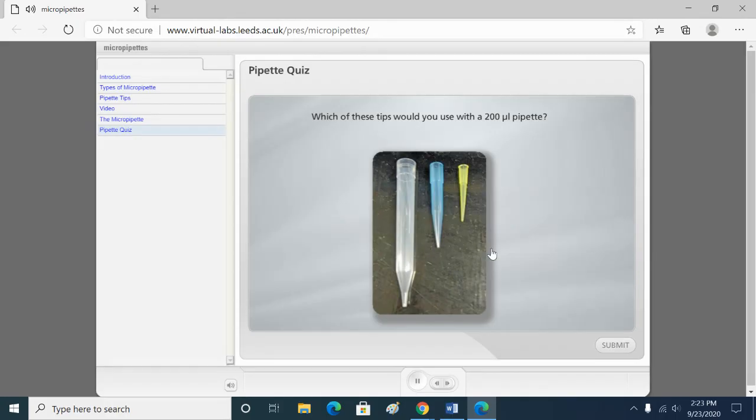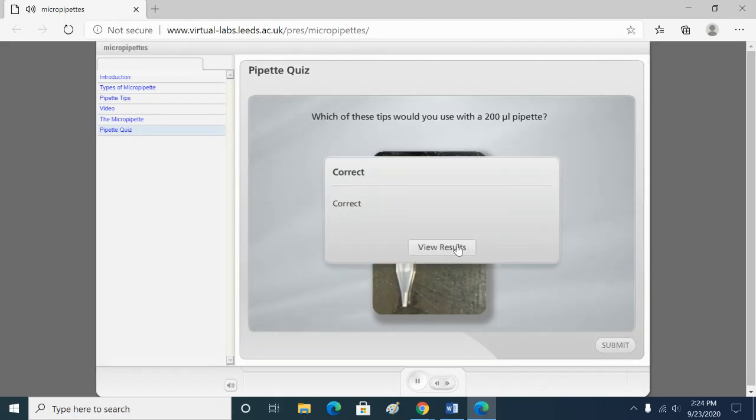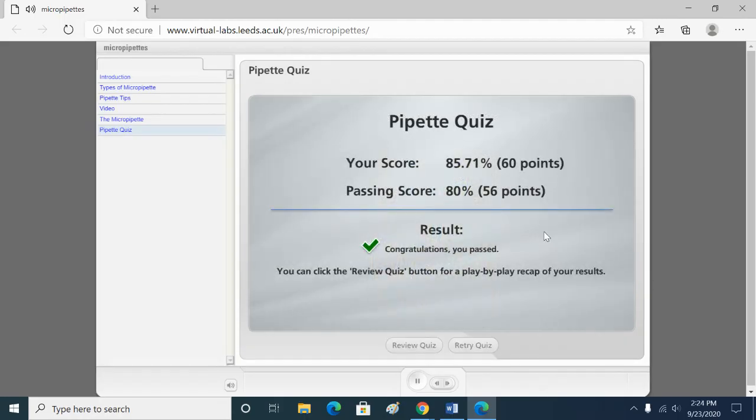Correct. Which of these tips would you use with the 200 microliter pipette? The yellow. Yep. Our score was better than that, but I don't remember what we clicked on that one.